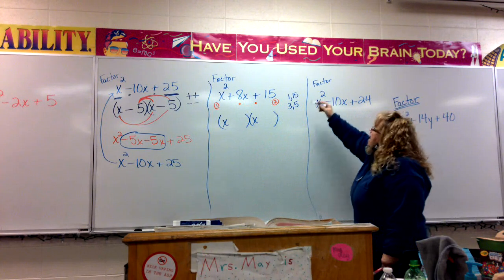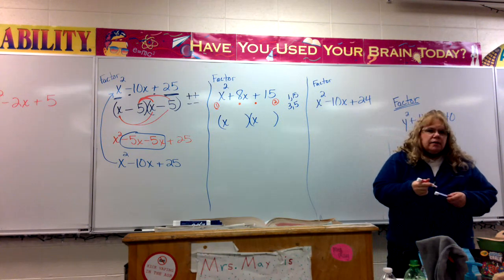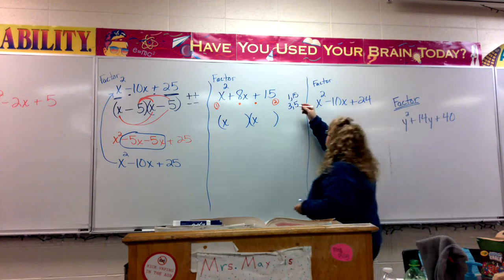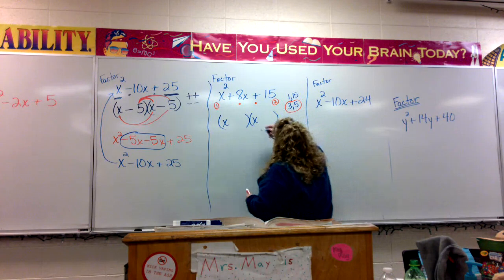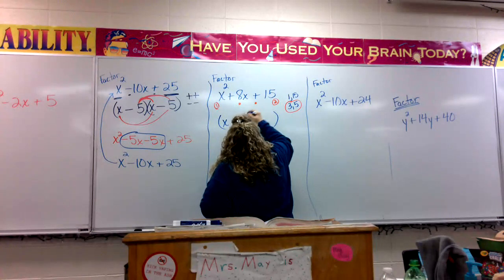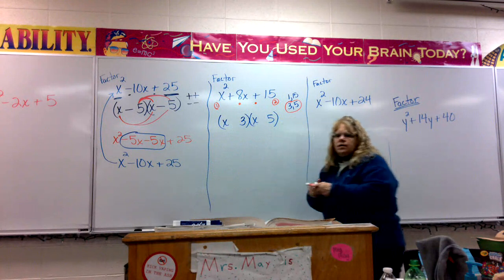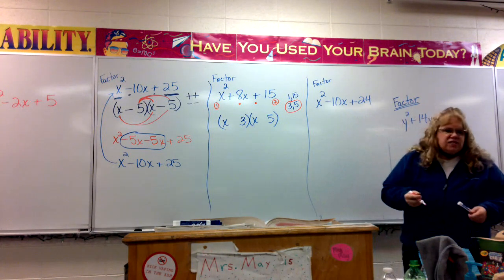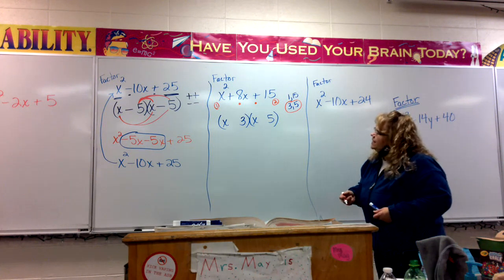Hopefully one of these combinations, does one of those add up to 8? Yes, 3 and 5. Not 1 and 15, 3 and 5. So since 3 and 5 add up to 8, we know it's got to be a 3 and a 5. So first you get the basic shell, then you're going to worry about the signs.